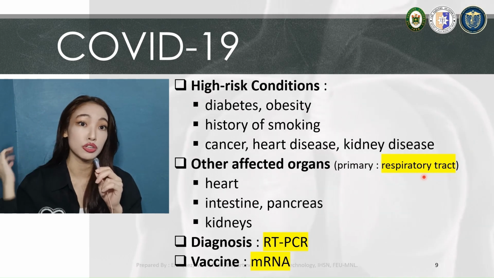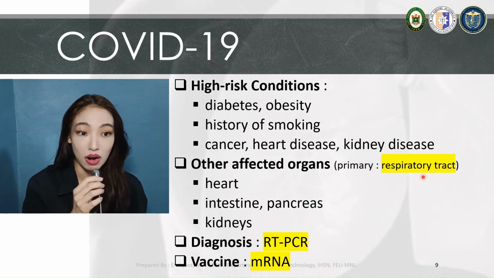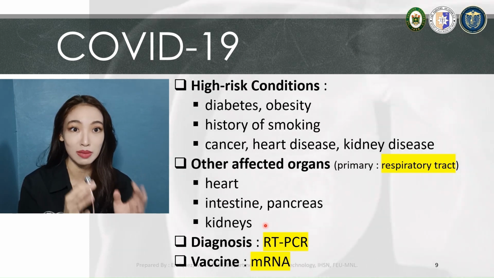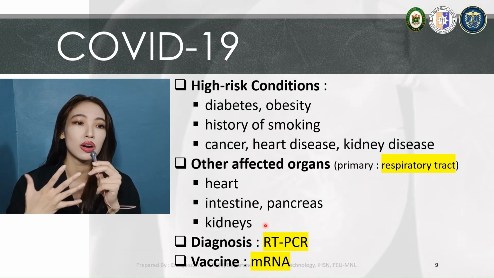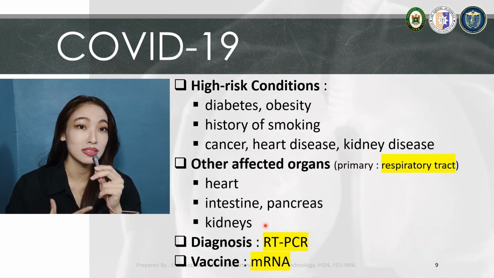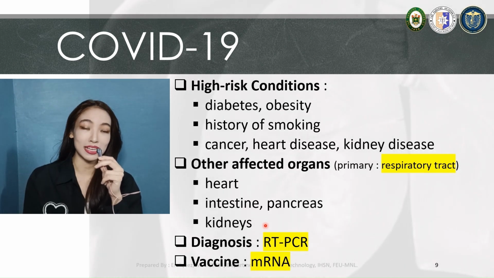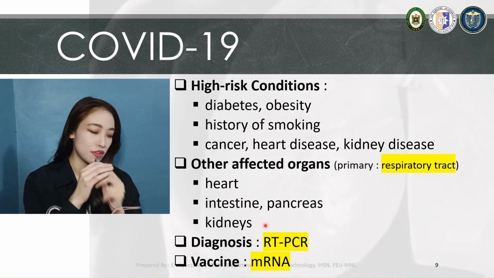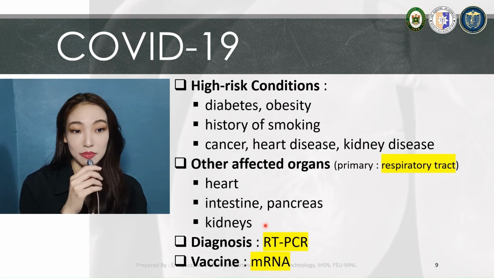So, the virus could also attack the cells of our heart, intestine, pancreas, and kidneys. All right, so keep that in mind. It's not just our respiratory system that could be affected by COVID 19, but also a few other of our organ systems.